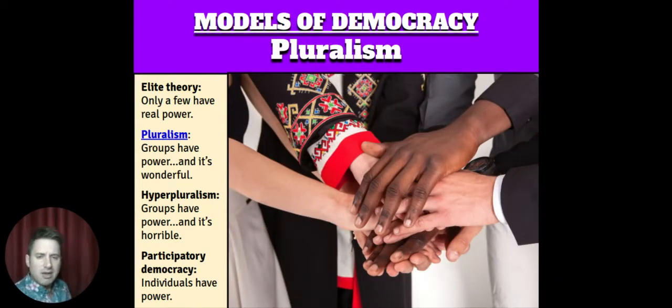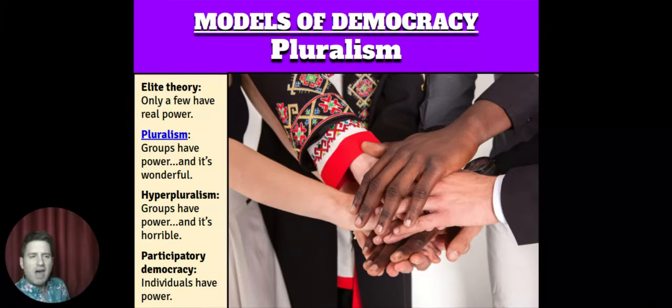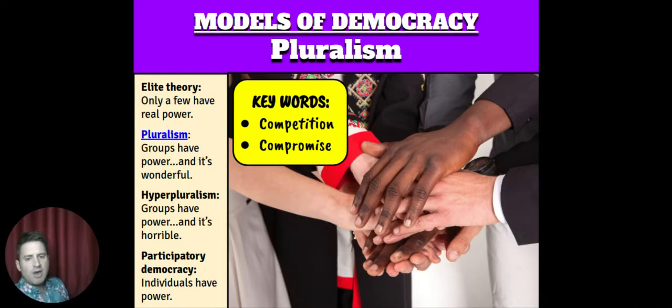Pluralism is one of those. It's the happy ending theory. It says, actually, it's not just a few elites who have power. A lot of different groups have power. They all try to influence government. There's many voices getting heard, and as a result, we reach a sort of balance. Key words to think about for pluralism is competition produces compromise.